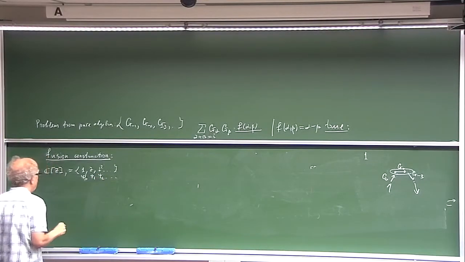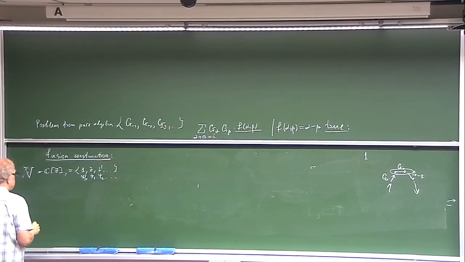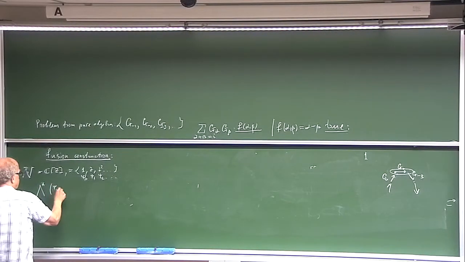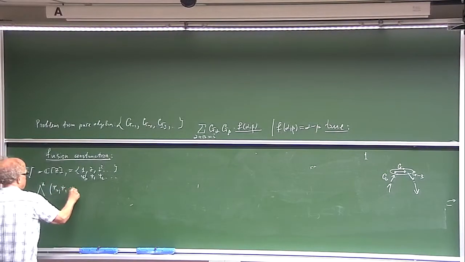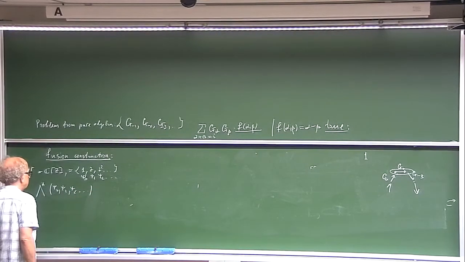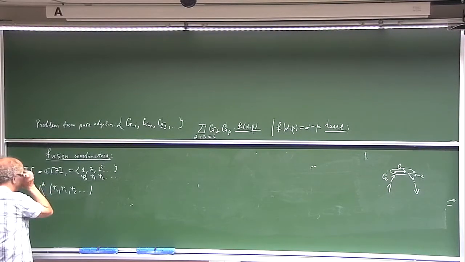And this is V. And let me consider the Grassmannian algebra generated by V. So in some notation, it is like this: psi 0, psi 1, psi 2, and so on. Let me just take this skew-commutative algebra.